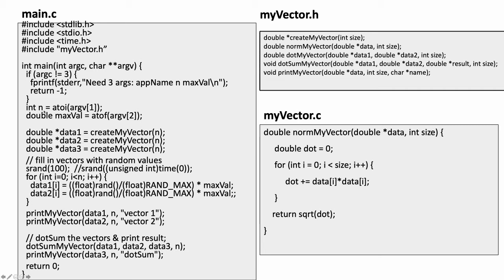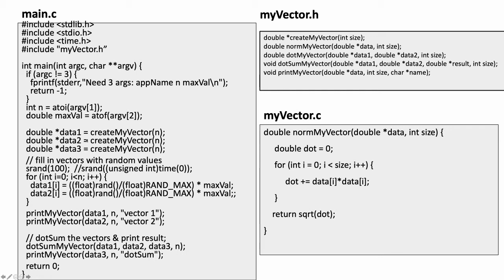So from the command line, from this argv, I'm going to get n and maxval using the functions a2i on argv1 and a2f on argv2, which will return an integer and a floating point from this character pointer. Note that the app name is actually argv0. Sometimes the application wants to know whatever application name you gave it.